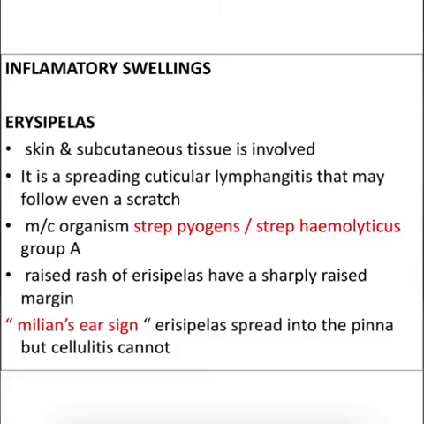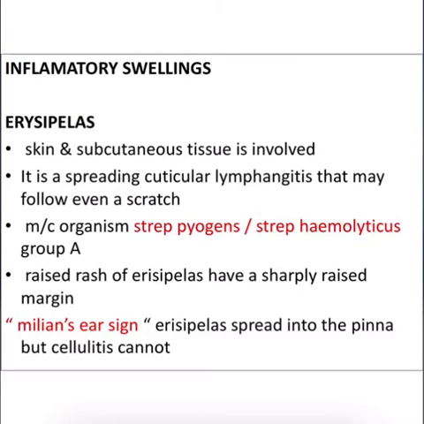So we have discussed the congenital swellings. Now inflammatory swellings. First is erysipelas. The skin and subcutaneous tissue are involved. It's a spreading cutaneous lymphangitis that may follow even a scratch.